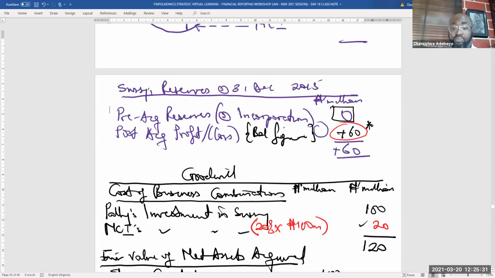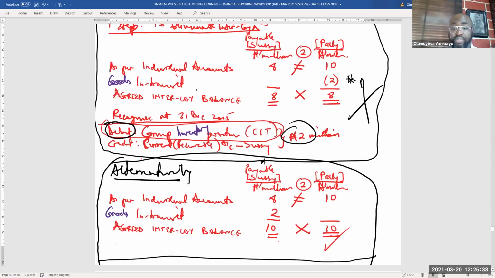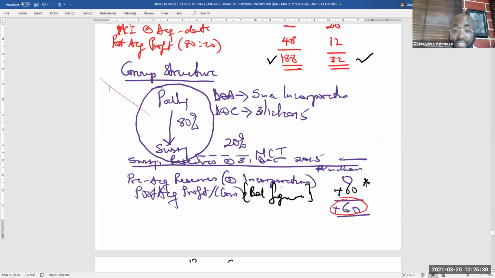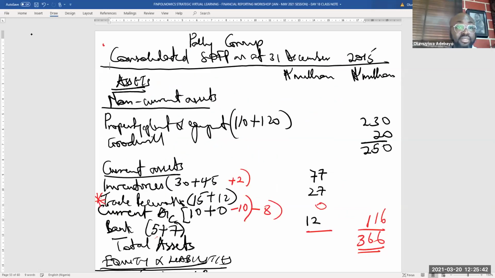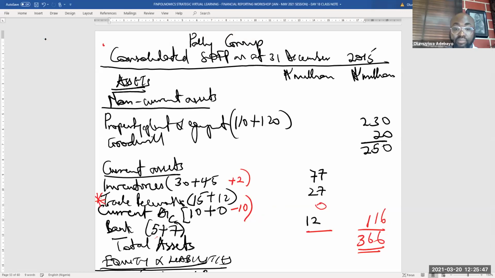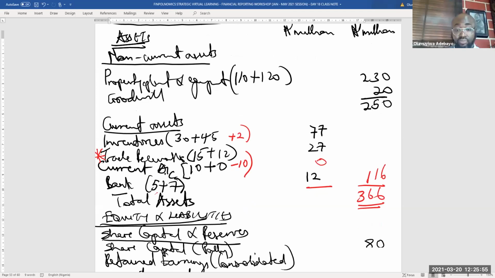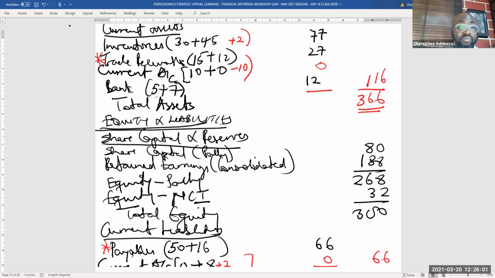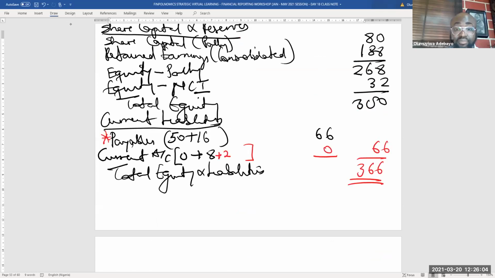If that is the case, it means what I'm eliminating is not 8, but what? But 10. Therefore, I'm going to remove the 8, which means 10 plus 0 minus 10 will still give me 0. And here, minus 10, because the intercompany balance we said we should eliminate is minus 10, which means 0 plus 8 plus 2 will give me 10, minus 10 will still give me what?